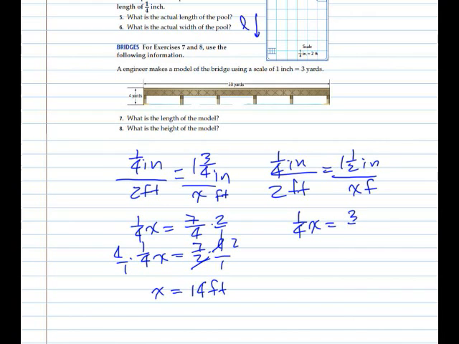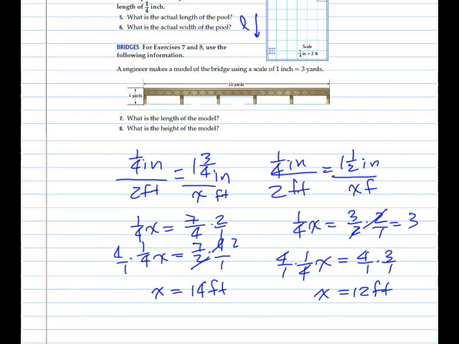Cross products, 1/4 x, 3 over 2 times 2 over 1. Simplify, gives us 3. So 4 over 1, which is the reciprocal of 1/4 to get rid of the fraction. So 4 over 1 times 3 over 1, x equals 12 feet. So the width of our pool is 12 feet.